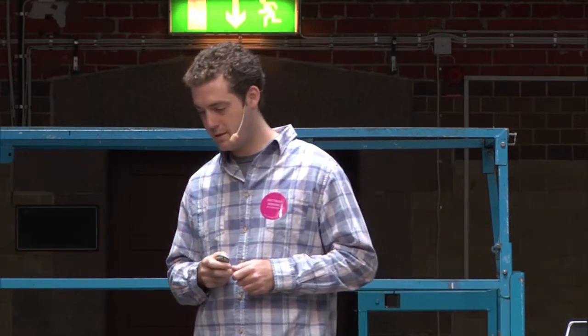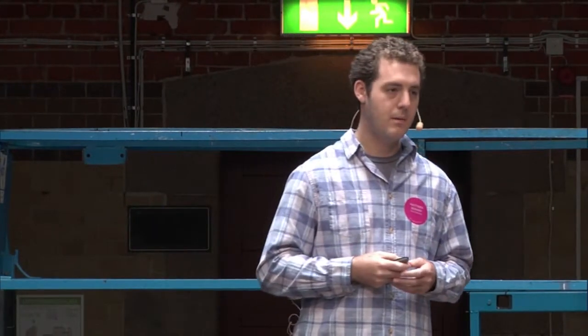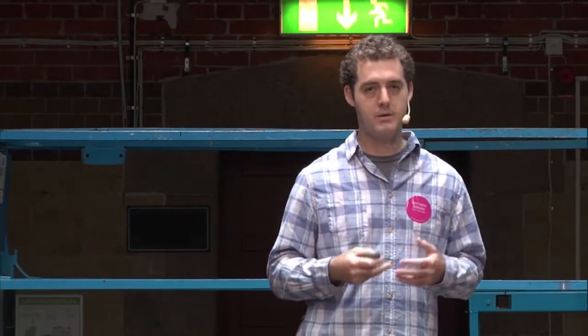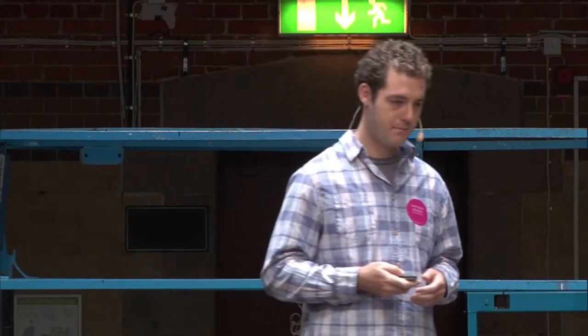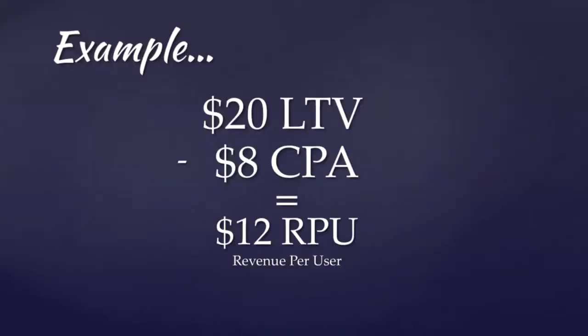And we need to be able to do this at scale, because acquiring a few users cost effectively is fine, but acquiring many users cost effectively, we can actually build a business upon that. So let's look at an example. Let's say we have a 20 kronas LTV and an 8 kronas cost per acquisition.